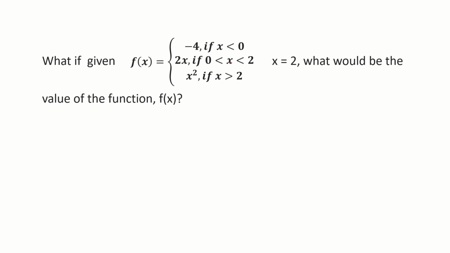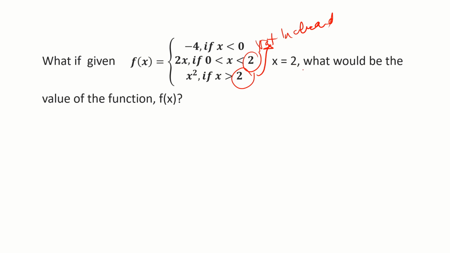For our second function, the value of x is greater than 0 but less than 2. So we know that 2 is not included. And then in our third subfunction, our value of x is a value that is greater than 2. So we know that here 2 is also not included.